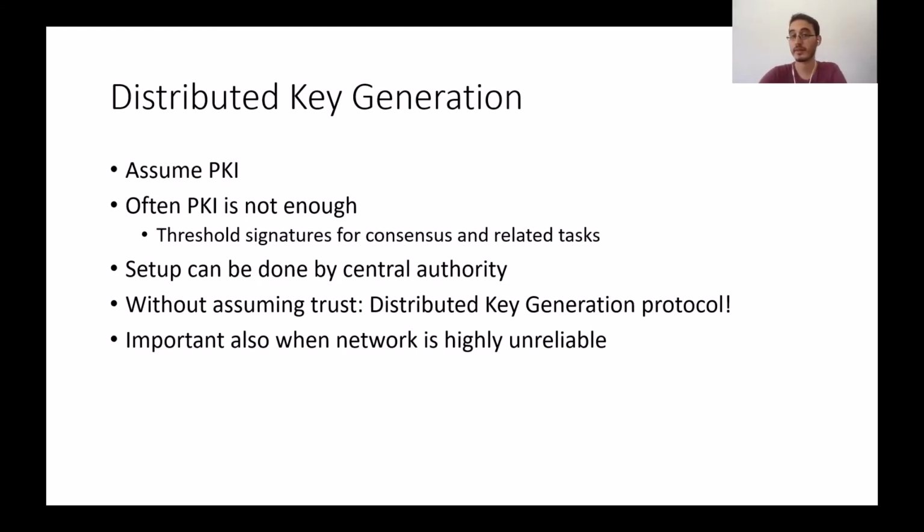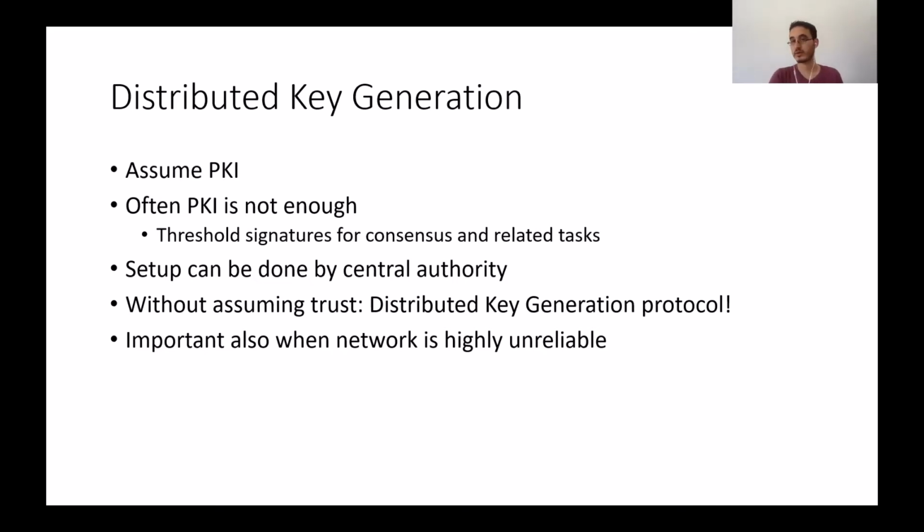That setup can be done by a central authority, for example. So we can have one party that samples all the values and sends to all the parties every secret key or public key they need throughout the protocol. And that could work. But for that, we need to have trust in that central authority.